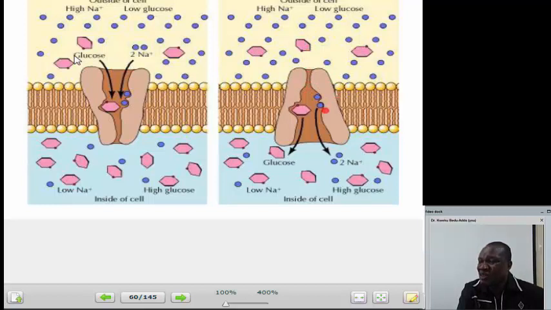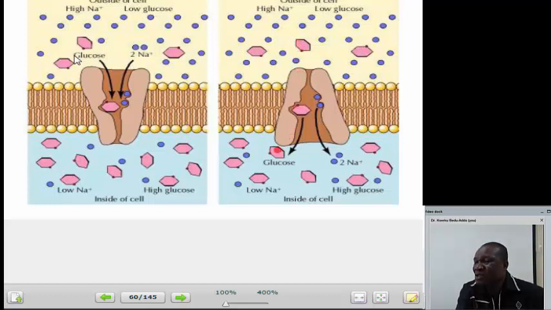Now during this process, the sodium transport would release energy. Because sodium is being transported along its concentration gradient, it releases energy. And the energy that the sodium transport releases is used by this carrier to move the glucose against its concentration gradient.